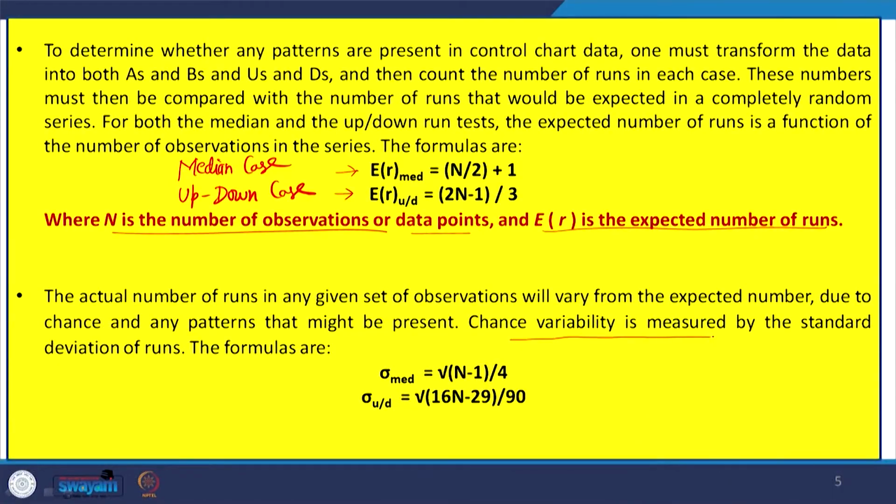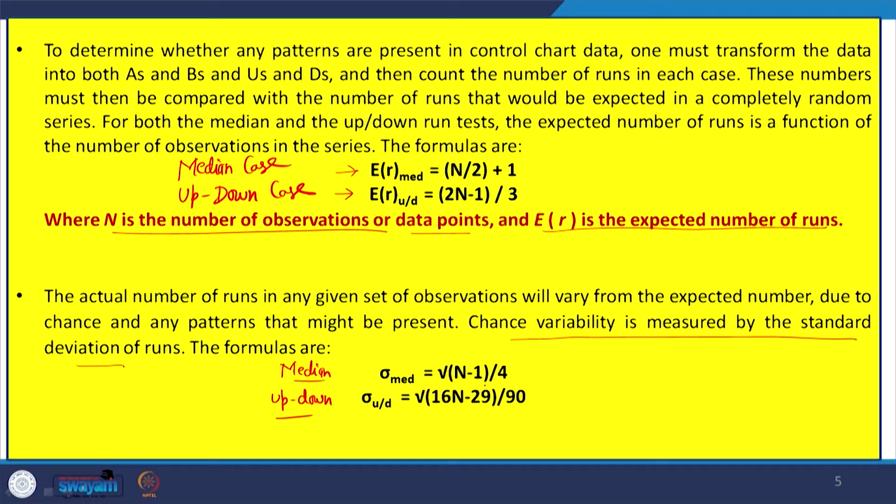And chance variability, that is the randomness, is measured with the help of the standard deviation of runs, and for that purpose again we have the median case, and then this is for the up and down case. We will calculate the standard deviation of runs.